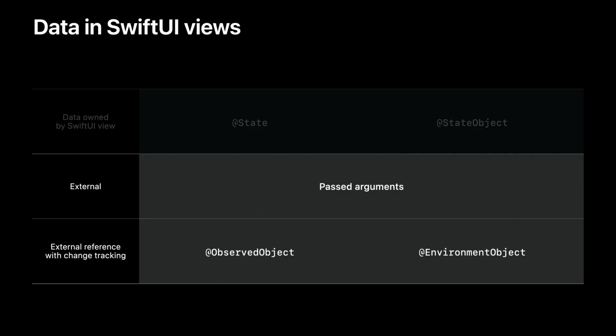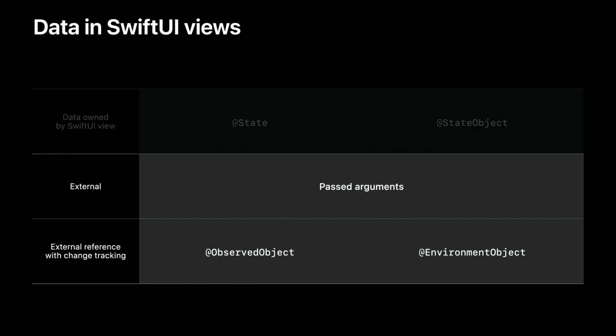This is a simple way to get data from UIKit into SwiftUI. But it requires manually updating the root view of the hosting controller anytime the data changes. Let's go through some other SwiftUI data primitives to make these updates happen automatically. The observed object and environment object property wrappers allow you to reference an external model object that conforms to the observable object protocol.